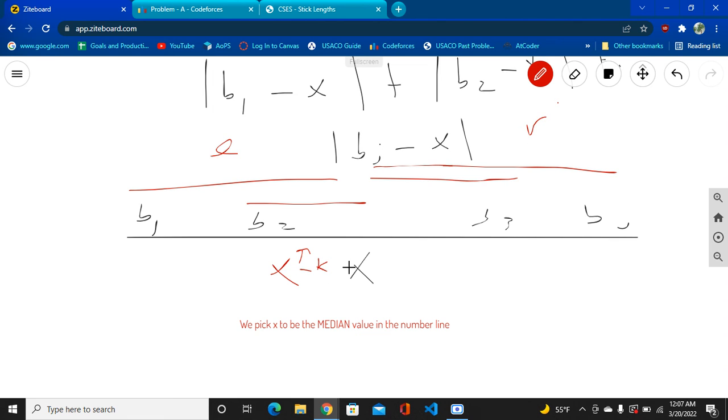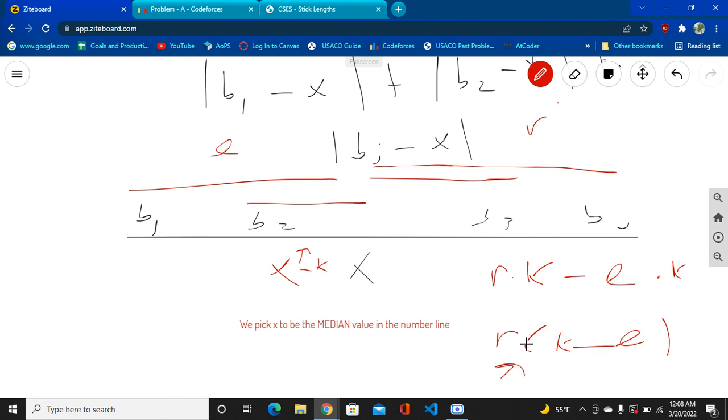Note that for all the R values on the right, all the distances increased by R times k, because now you have a new k, and all the distances decreased by L times k. So it's R times k minus L, and this is basically the gain in distance.